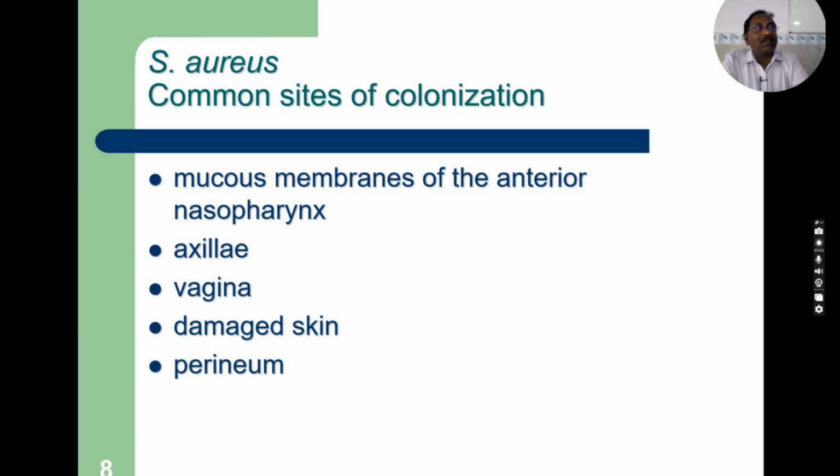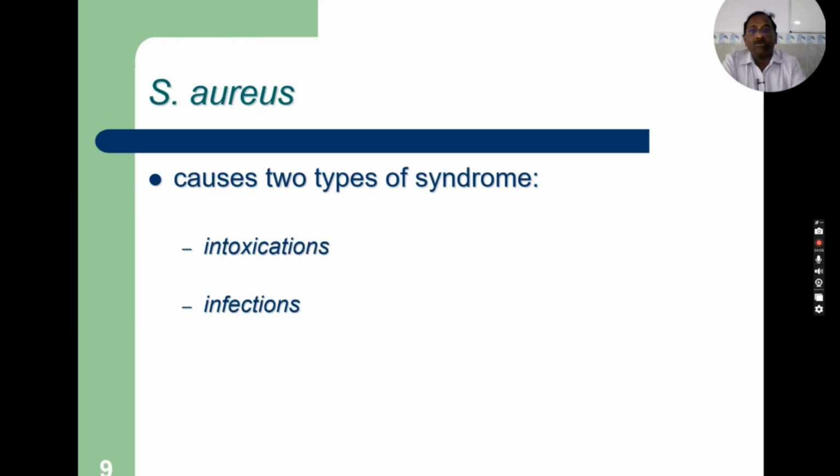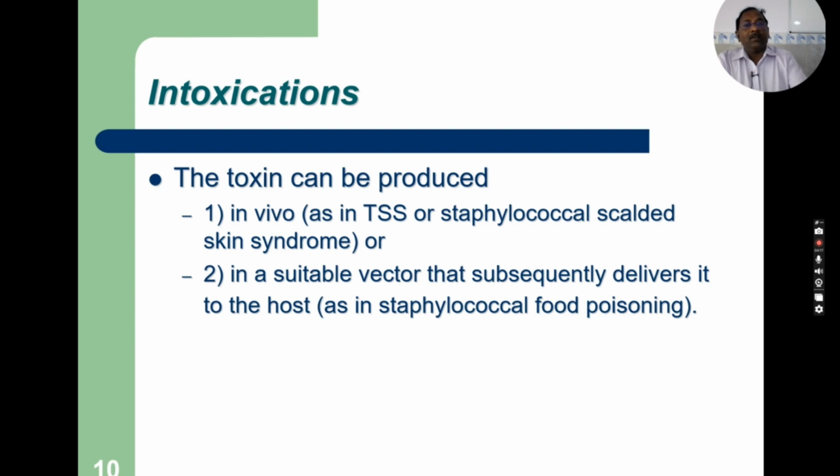We will move on to aureus. These are the common sites of colonization: the mucous membranes of the anterior nasopharynx, axilla, vagina, skin, and perineum. It causes two types of syndromes, one by intoxications and the second by infections. The toxin can be produced in vivo or in a suitable vector.